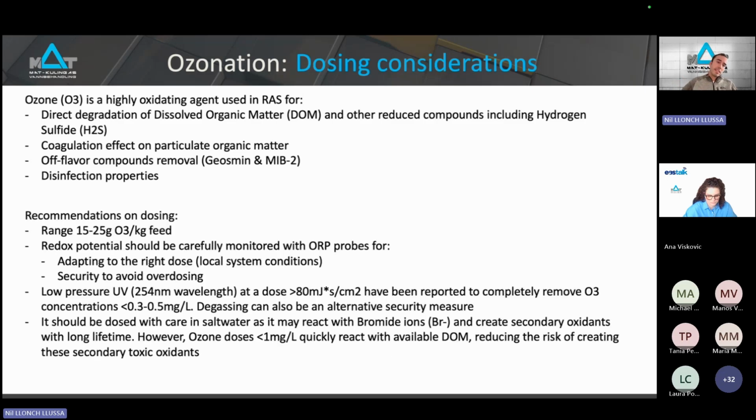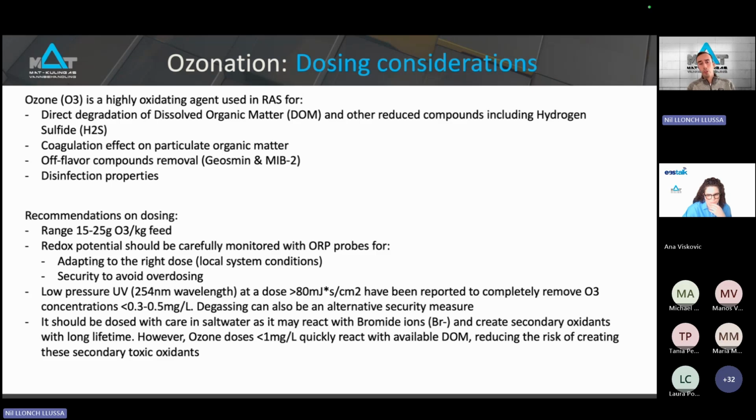In RAS, the recommended range is generally between 15 to 25 grams of ozone per kilo of feed. It can also be more. In some systems, we've been requesting more. And it's important to control its dosing, wherever you're dosing, with ORP probes.